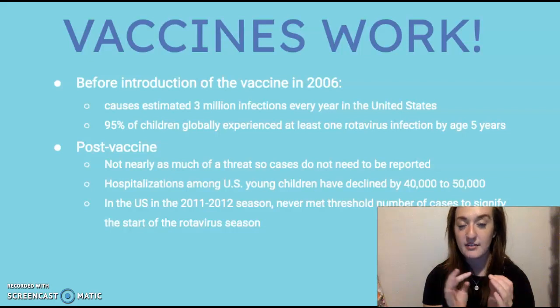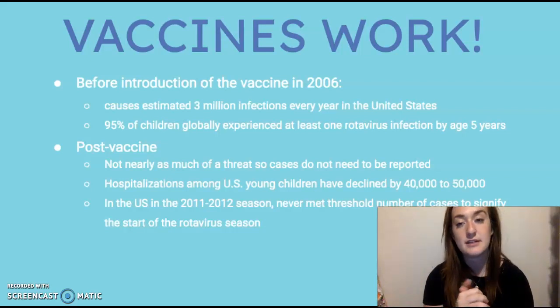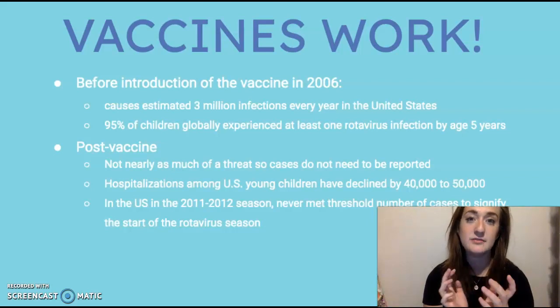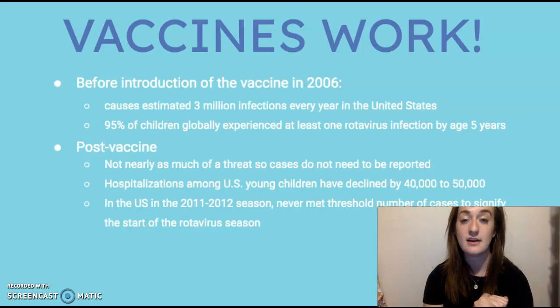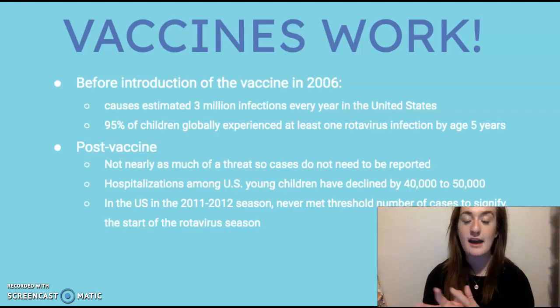And that's where I got the first statistic, where 95% of children globally had experienced at least 1 rotavirus infection by the age of 5. However, post-vaccine, we see that the threat of these cases has significantly gone down, to the point that in countries like the US, the CDC is not having doctors even notify them when they come across a case of rotavirus.